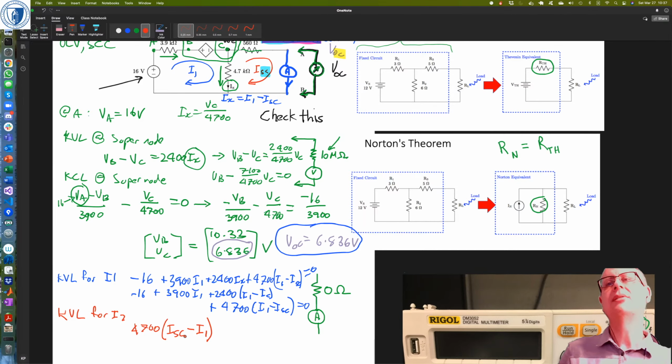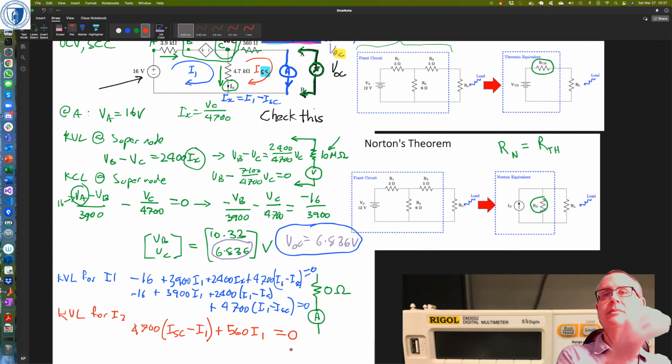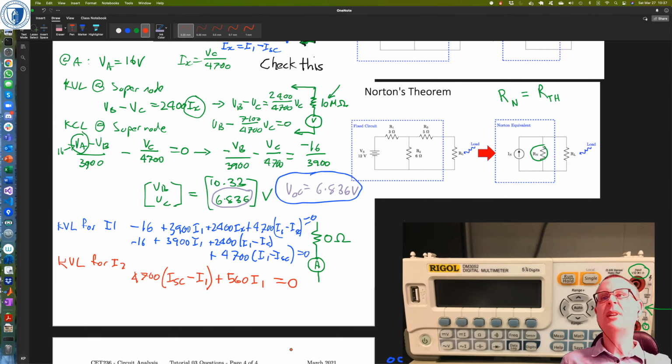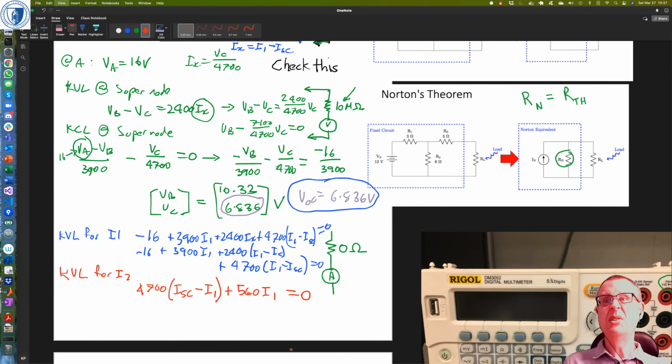So now it's ISC minus I1, and then plus 560 I1, and that equals 0. Okay, so there are our two equations.